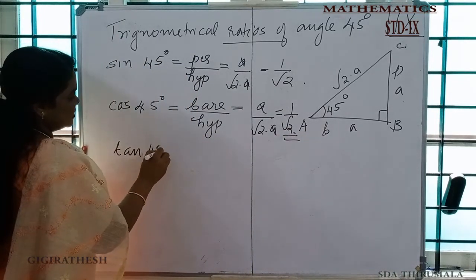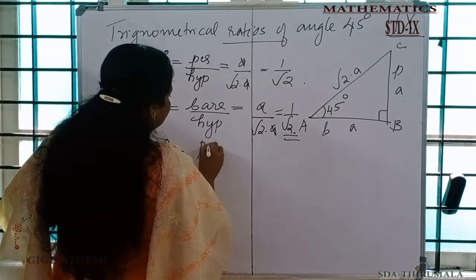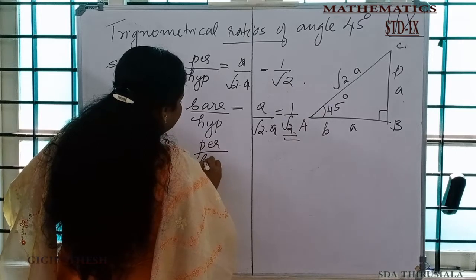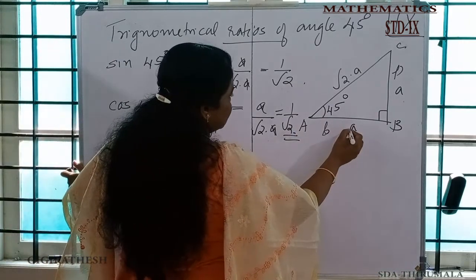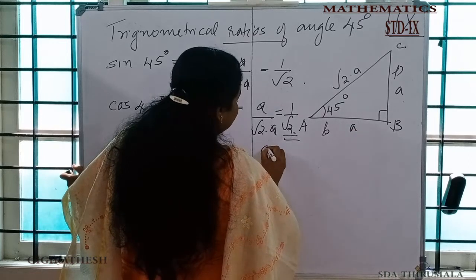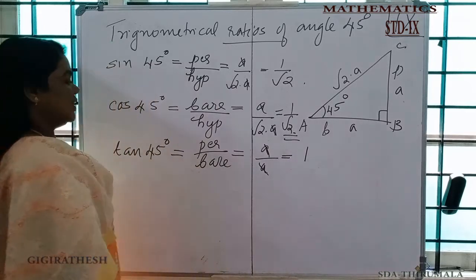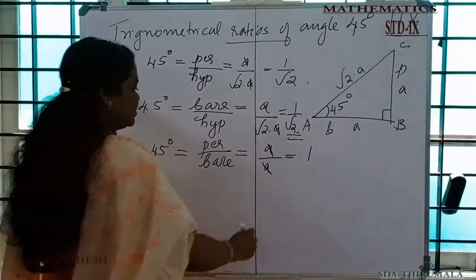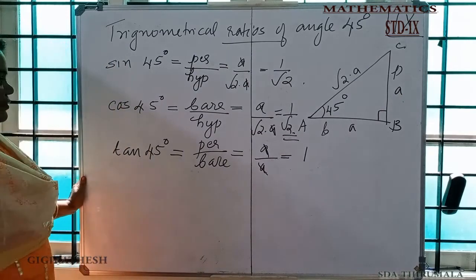Tan 45 degree is equal to perpendicular by base, which is a by a, equal to 1. That is, the perpendicular is a and the base is a, so tan 45 is equal to 1.